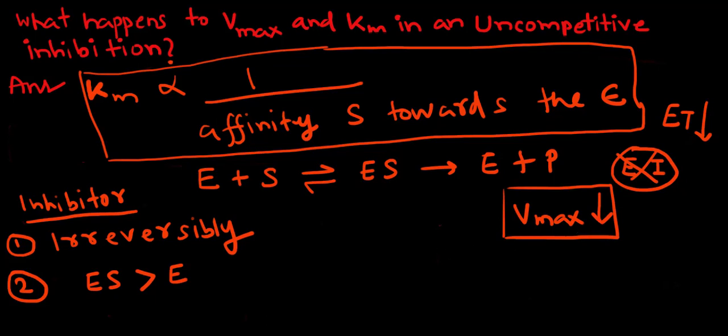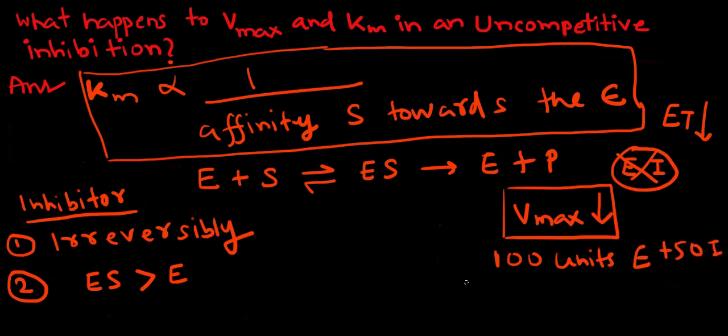Let me give an example. Let us suppose in the beginning, before adding the inhibitor, there were 100 units of this enzyme. Then you added 50 units of this inhibitor.